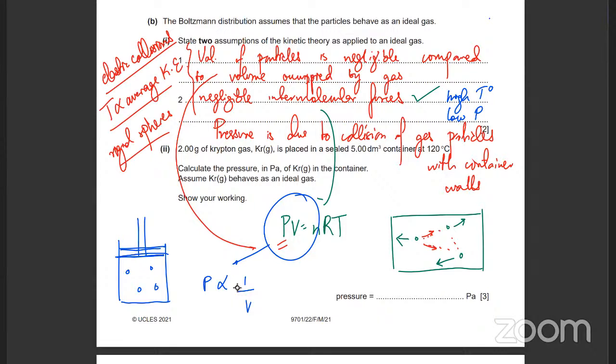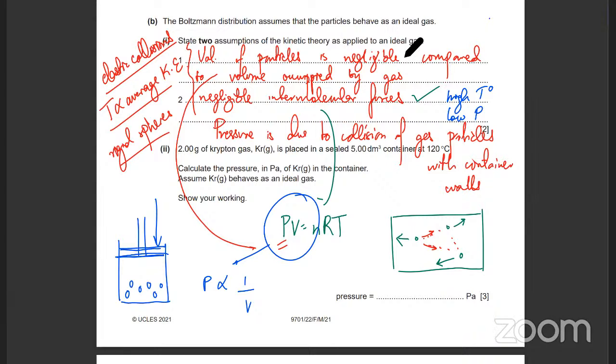But what happens when you take it to a high pressure? The gas starts to compress, and as it does, there would be fewer and fewer gaps between the gas particles. There would come a point when the gas would no longer be compressible. So if you increase pressure, the volume will not decrease, and this relationship would fail.